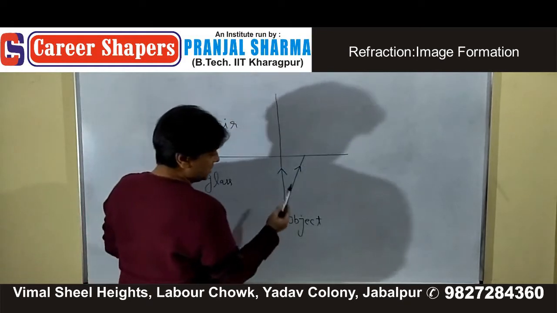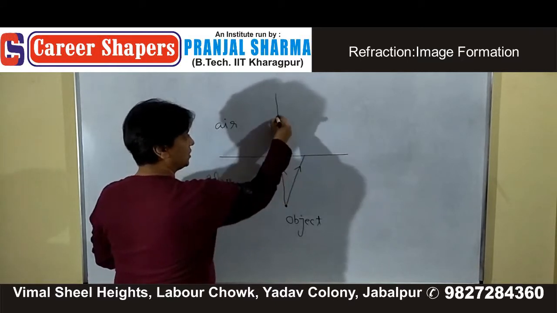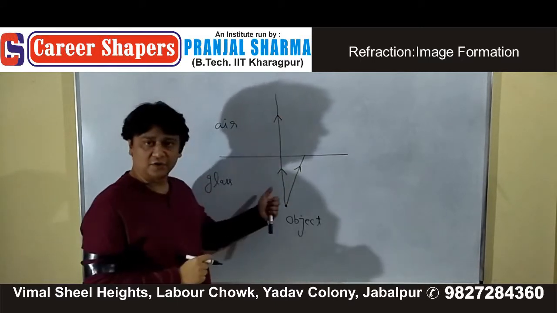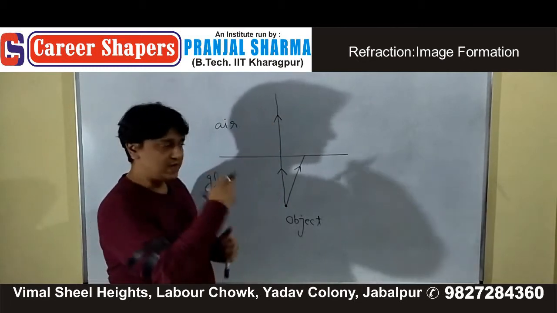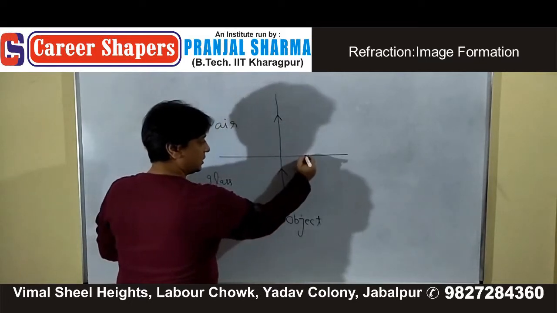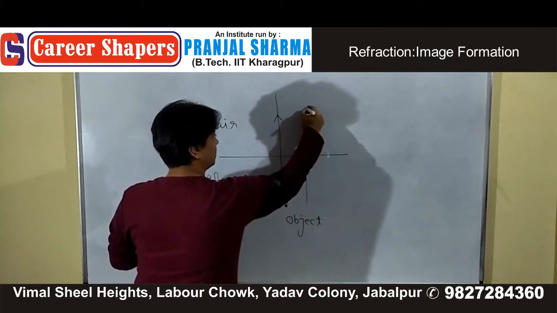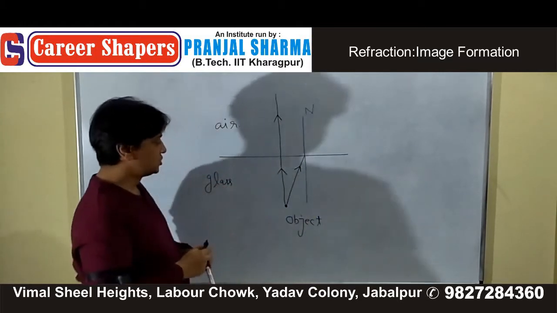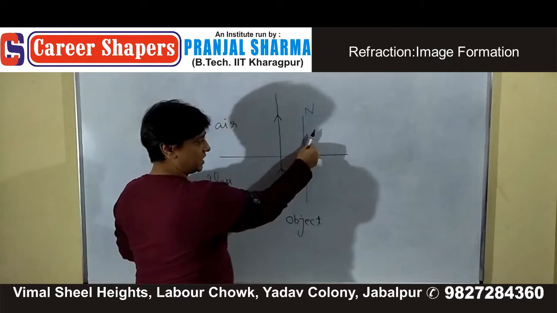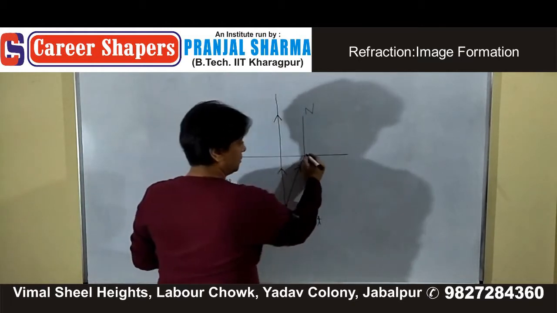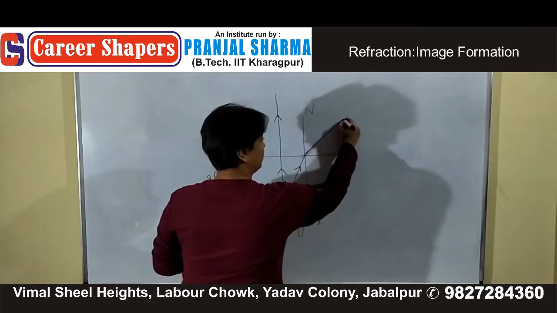Then this first incident ray is moving along the normal and therefore it suffers no deviation. It goes straight like this. The second ray, let's draw normal at this point. That's normal. Since you are moving from denser to rarer, this incident ray will deviate away from the normal. Moves like this. That's your refracted ray.